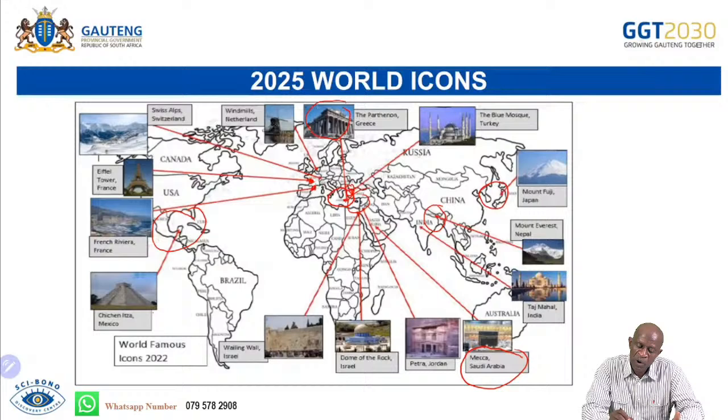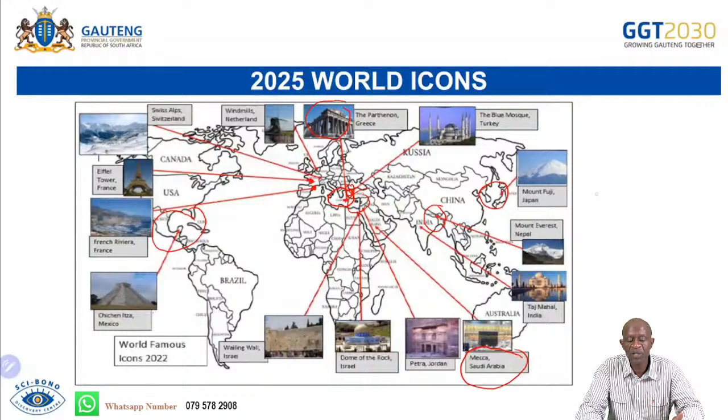And also in Europe, you have in Greece the Parthenon, you have the Blue Mosque in Turkey, and the rest are found in Asia, where you would have Mount Fuji in Japan, Mount Everest in Nepal, which is India. You have the Taj Mahal also in India, which is the Asian continent.